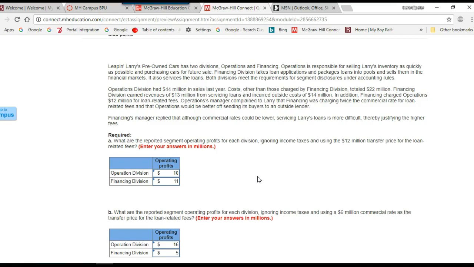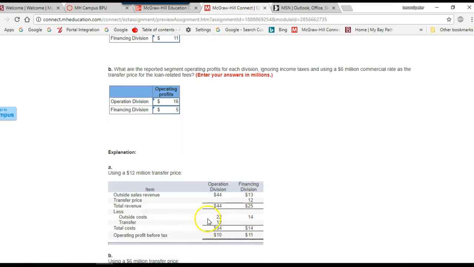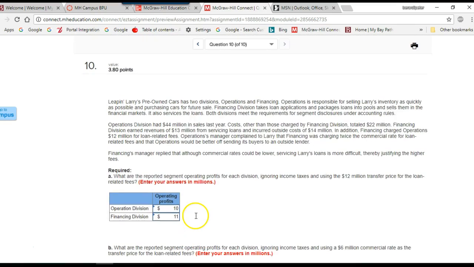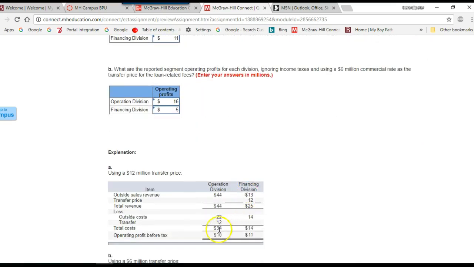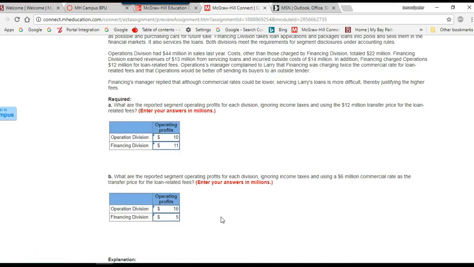The next problem is just simply a transfer price problem between operations and financing operations. Operations had 44 million in sales last year. So in your problem, you want to record the $44 million as outside sales revenue for operations. Costs other than those charged by the finance division total $22 million. So your outside costs under operations are $22 million.